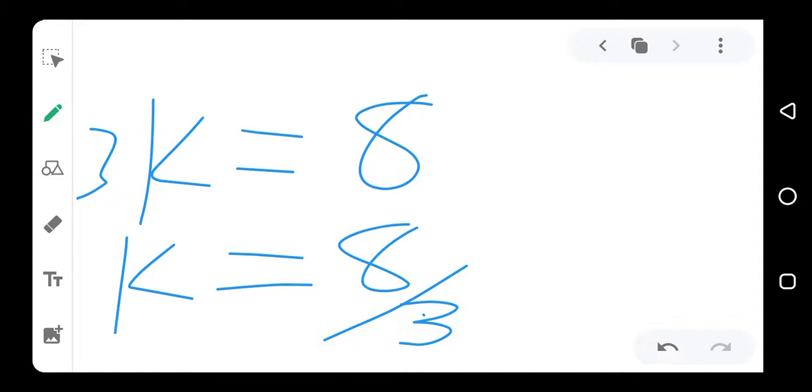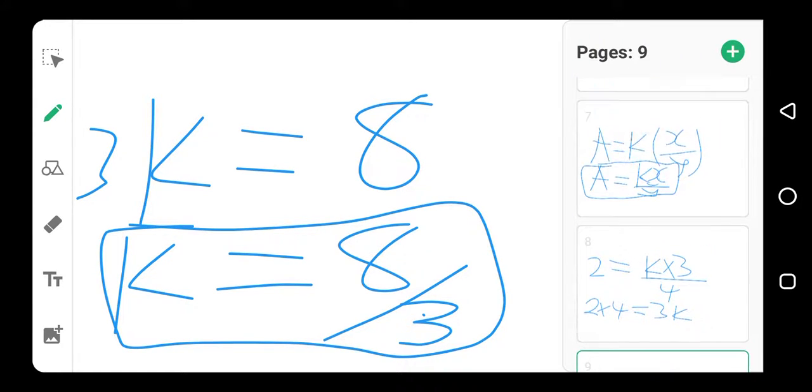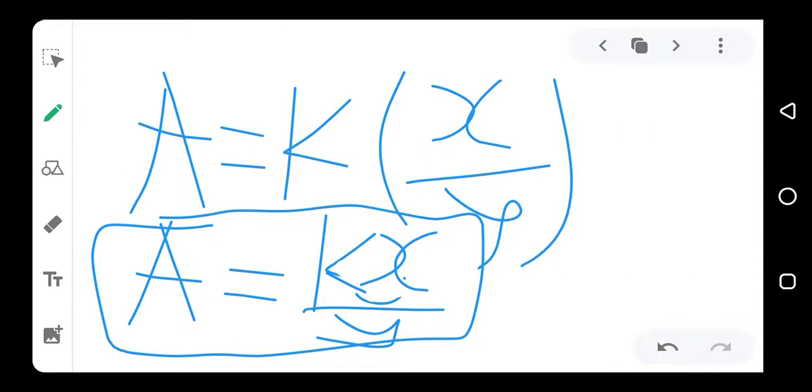We put this value of K into that equation we have here, and that will give us the equation connecting the variables.